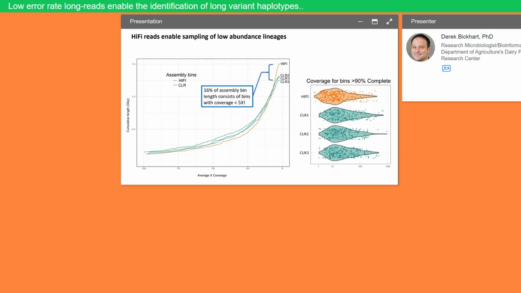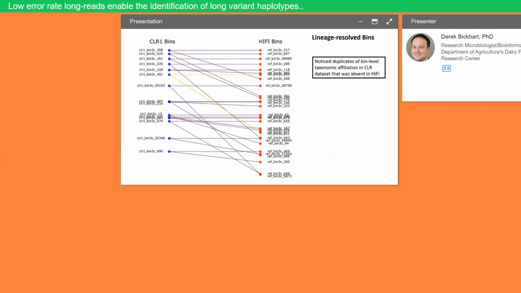When we take a look at our bins based on single copy gene completion at the greater than 90% category, we actually find a greater percentage of HiFi bins at less than 5x coverage than the CLR data sets, as well as several HiFi bins that have less than 1x coverage, which shows incredible quality at distinguishing these lineages. So the question is, are the CLR assemblies just not assembling the low abundant lineages? It turns out we don't think that that's the case.